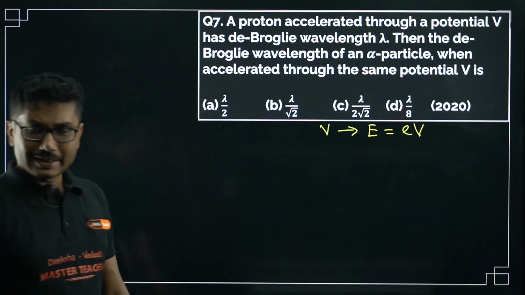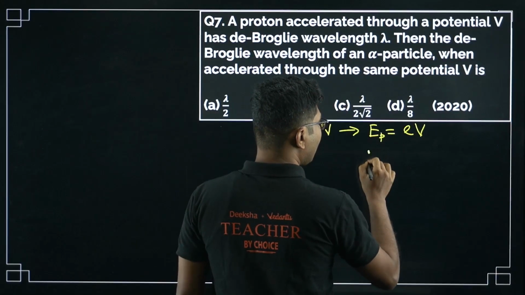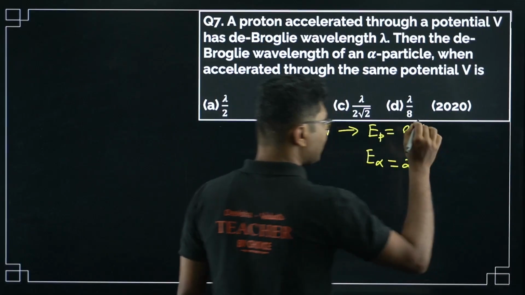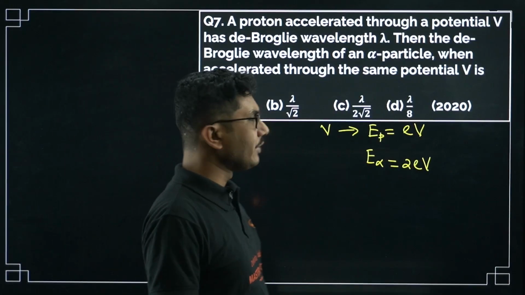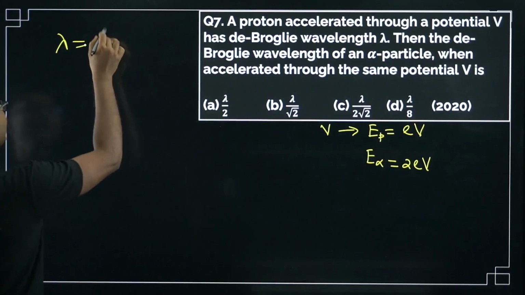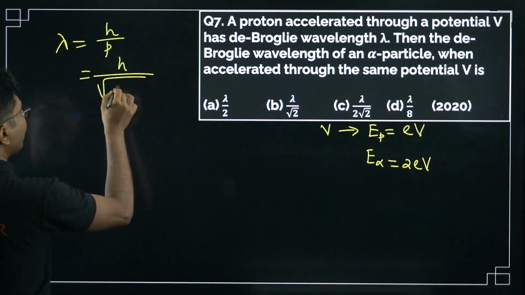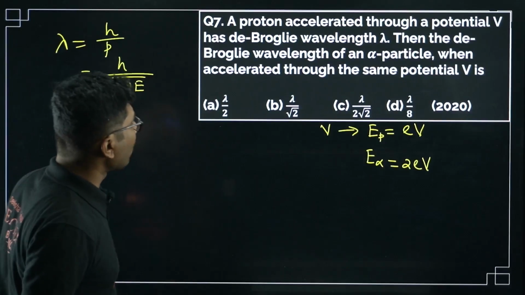This is the kinetic energy of the proton. For an alpha particle it is 2eV because it is doubly charged, so the energy of the alpha particle will be 2eV. Now lambda equals h by p, that is h by square root of 2meV. This is for the proton.